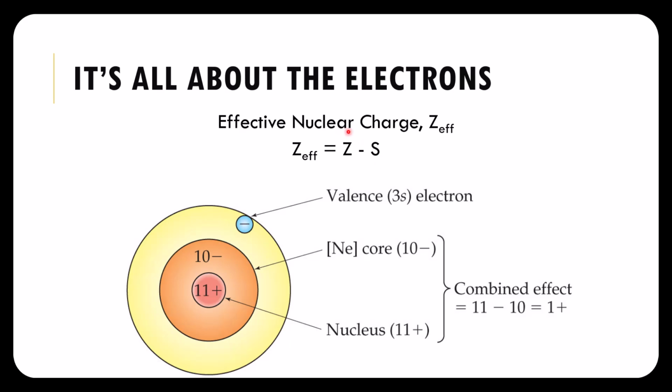So we see the protons minus the core electrons, and we get that effective nuclear charge. And what we see is as we move across the periodic table, that effective nuclear charge changes, and we see that as it increases, the inward pull of that nucleus is stronger and stronger and stronger.